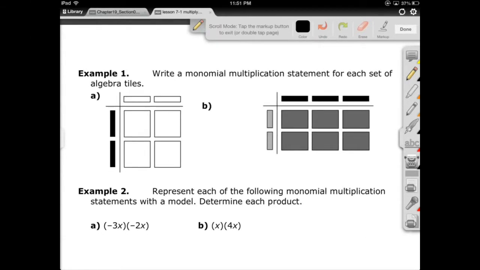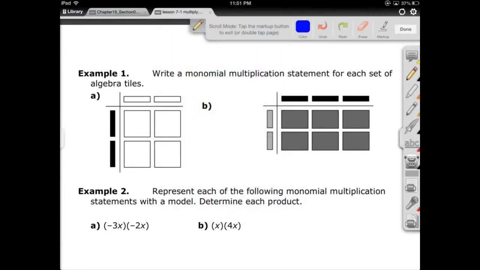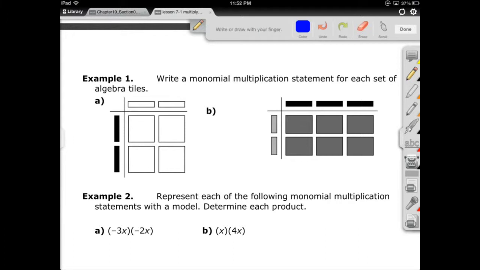What we've got is, and if I have to introduce some color, I will. In the case of a Y tile, I'll do that. Let's change our color up to a nice blue. These tiles here are considered to be X tiles, and because they're darkened in, obviously they'll be considered to be positive.